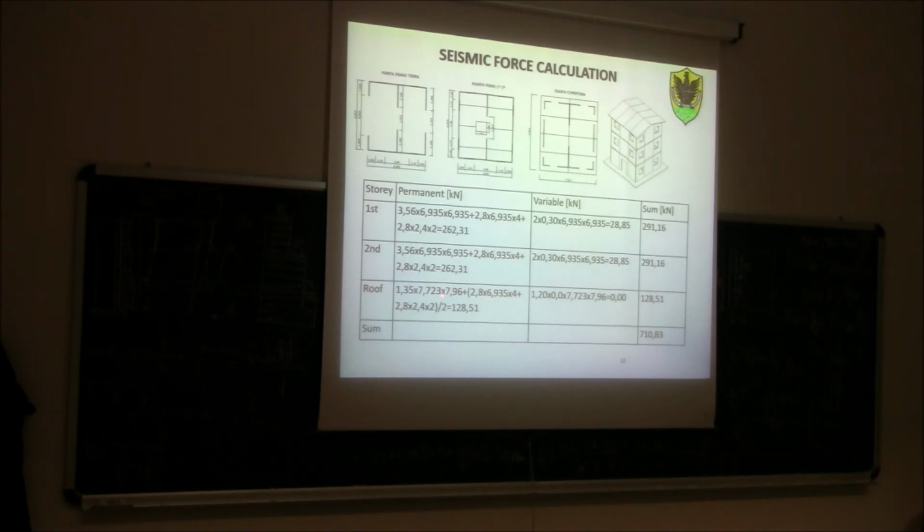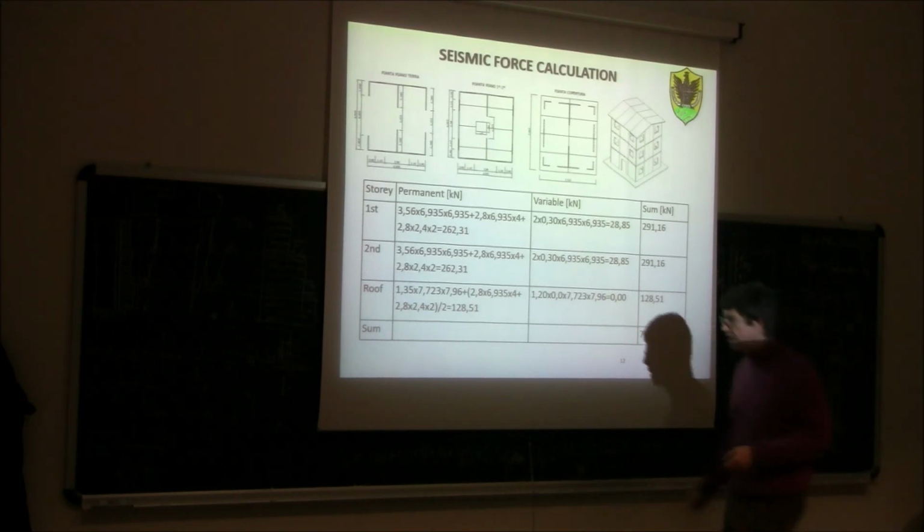Plus, here we have 2.8, the weight of the wall per unit of length, times 6.935 times 4, so the whole perimeter, plus 2.4 times 2 times 2.8, all divided by 2. Why divided by 2? Because the weight of the walls is calculated this way.